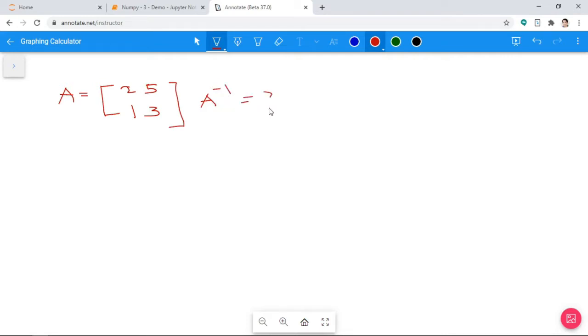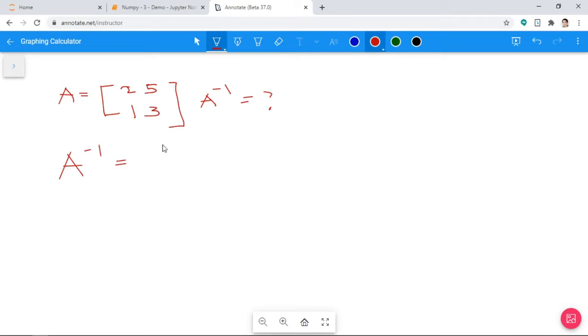What will be the inverse matrix of this one? For the inverse of a 2 by 2 matrix, it's just easy, but let me explain. So A to the negative 1, which is the inverse.